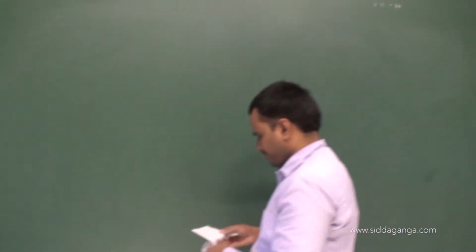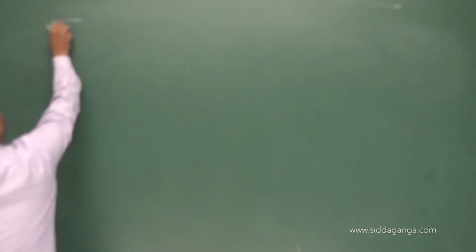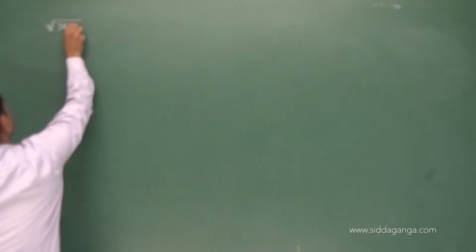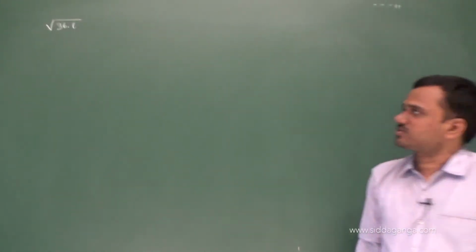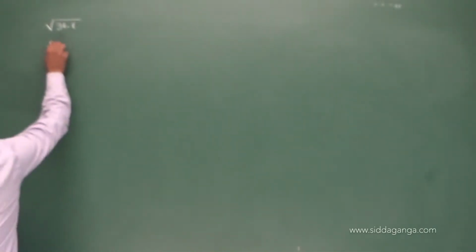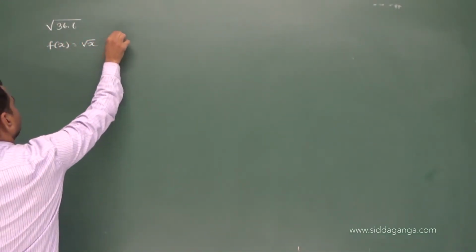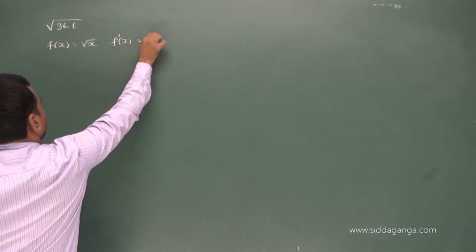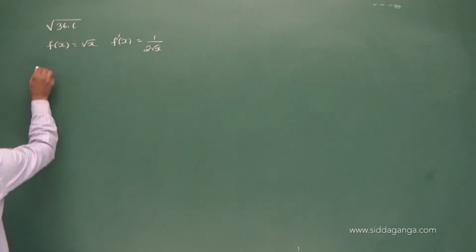Next problem. Square root of 36.6. So f of x is root x, and f dash of x is 1 by 2 root x.